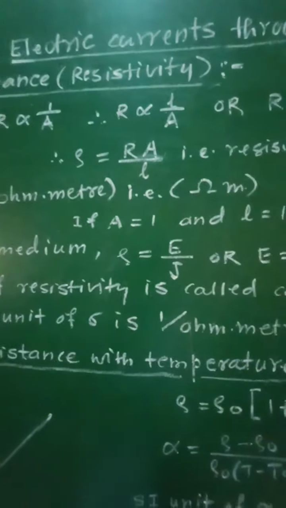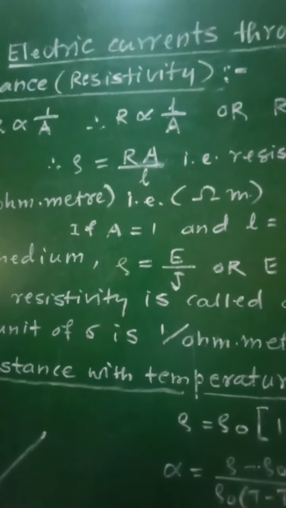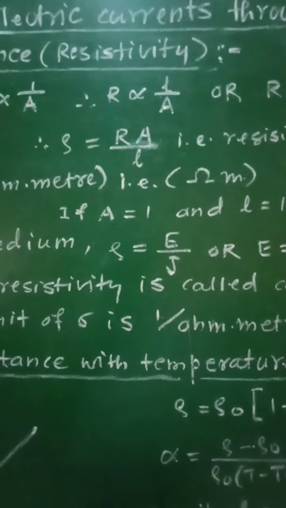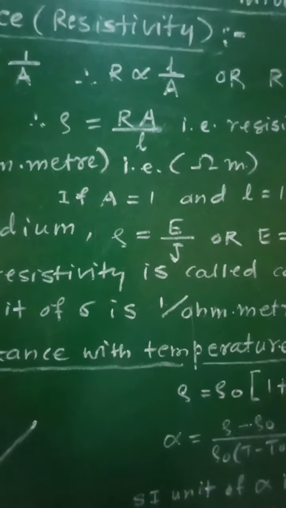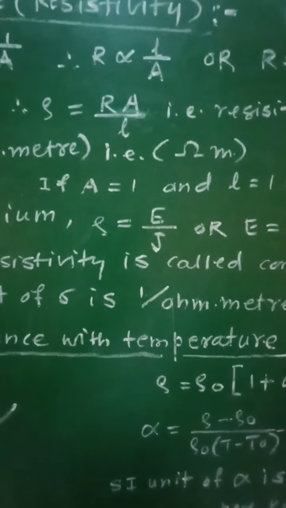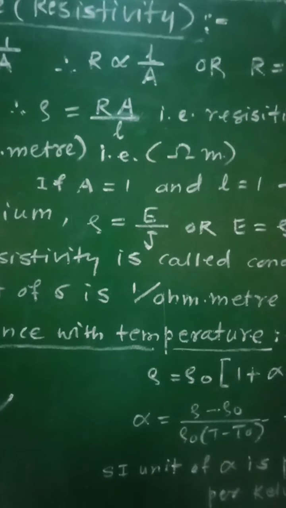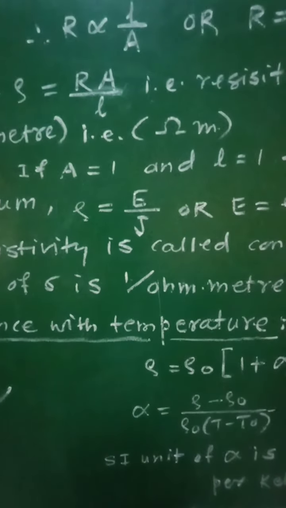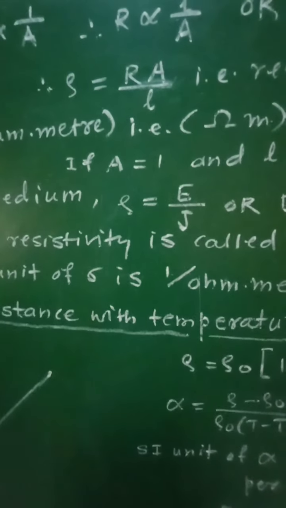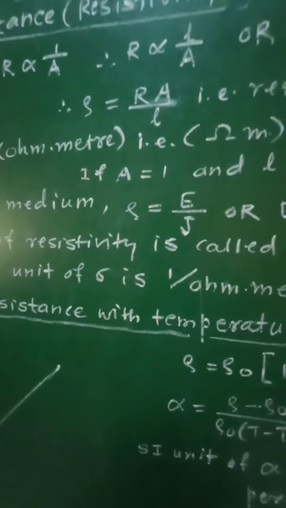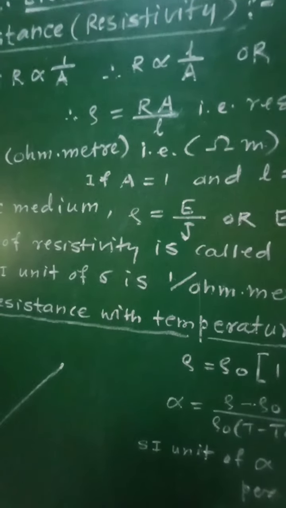That means if you consider any conductor having its length equal to 1 meter and its area of cross section equal to 1 meter square, the resistance of that conductor will be equal to its specific resistance or resistivity.